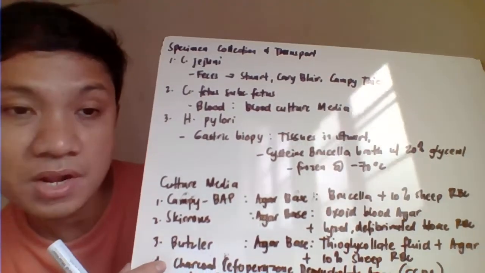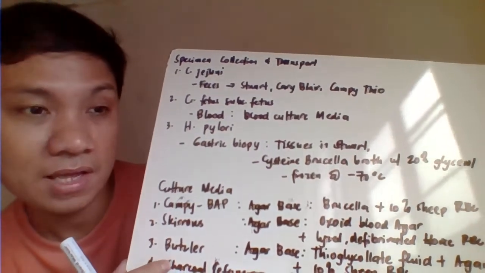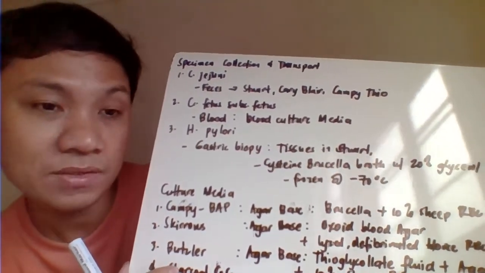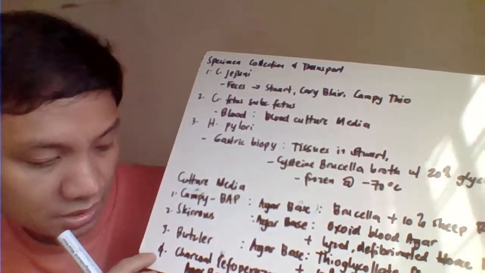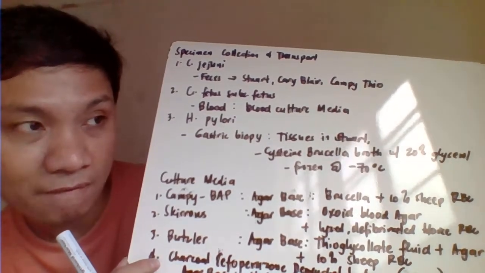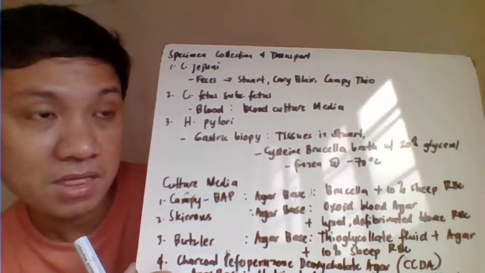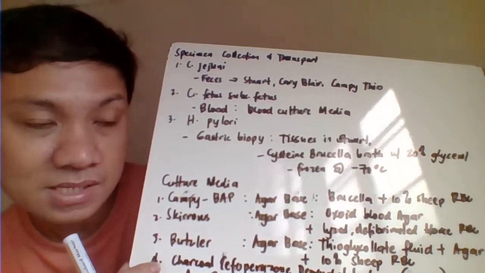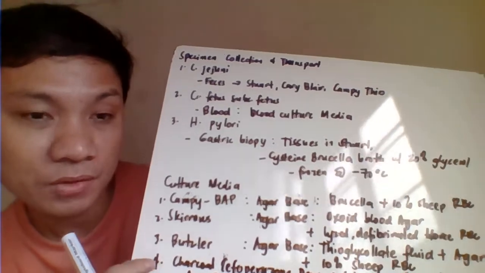Your Bolton, on the other hand, would have your thioglycolate fluid plus the agar plus your 10% sheep RBC still. Then we have your CCDA, your charcoal cefoperazone deoxycholate agar, primarily made up of nutrient agar as agar base. It also has charcoal plus your sodium deoxycholate.